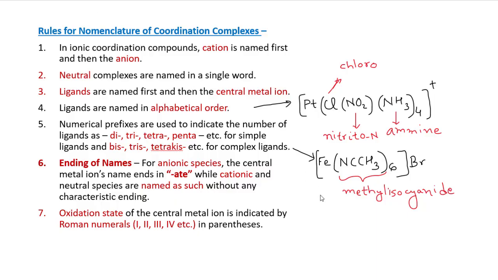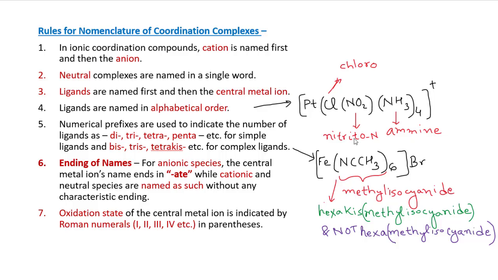So we will name this ligand using the prefix hexakis methyl isocyanide. So for complex ligands, we use bis, tris, tetrakis, pentakis, hexakis, etc. and not the simple di, tri, tetra, hexa. So like this it is not used. So we use a special prefix which is this.